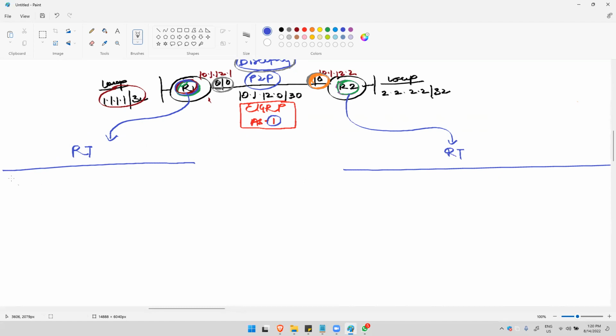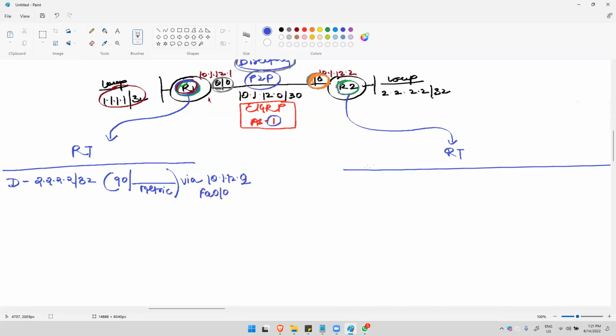Internal. So R1 shows internal means D, and the network is 2.2.2.2/32. Internal route AD value is 90, and then we get the metric. This route is received via 10.1.12.2 on interface FA0/0.